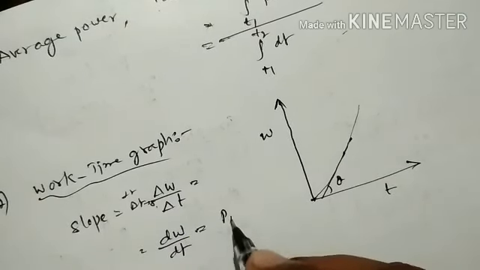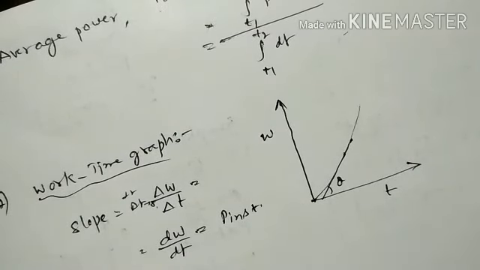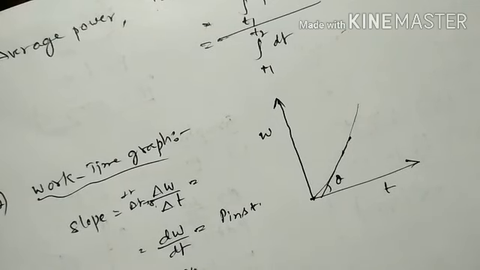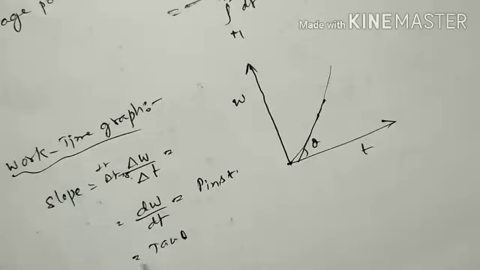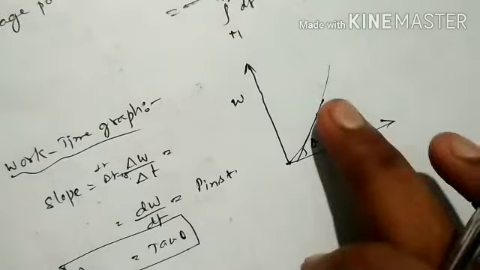So this is nothing but equal to P, the instantaneous power delivered by the force at that time, which is nothing but equal to tan theta. If theta is given, you can also find instantaneous power delivered. P instantaneous is equal to tan theta, where theta is the angle made by the tangent at this point.